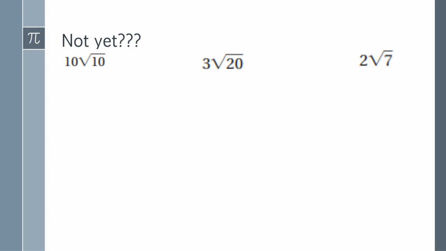So to deal with these problems, you have to put this back in the radical. So how are we going to do that? Well, remember the radical, square root. What's the opposite of square root again? X squared.